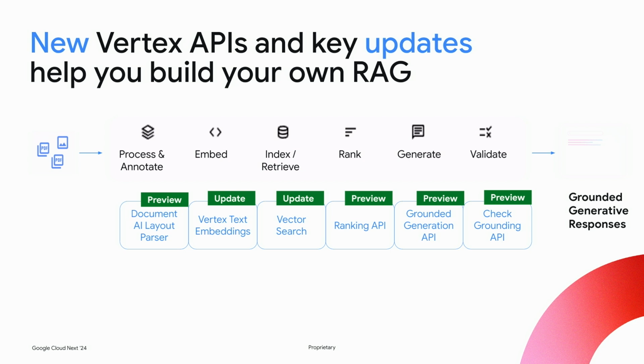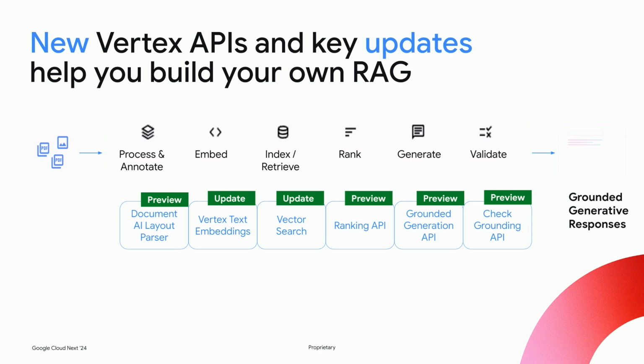So today we want to announce a number of new things we're bringing to help you exactly for this kind of DIY use case. We are launching a new document processor that can handle a variety of complex document formats. There are significant improvements coming to our text embedding models. There are new capabilities for vector search that allow developers to build higher quality applications.